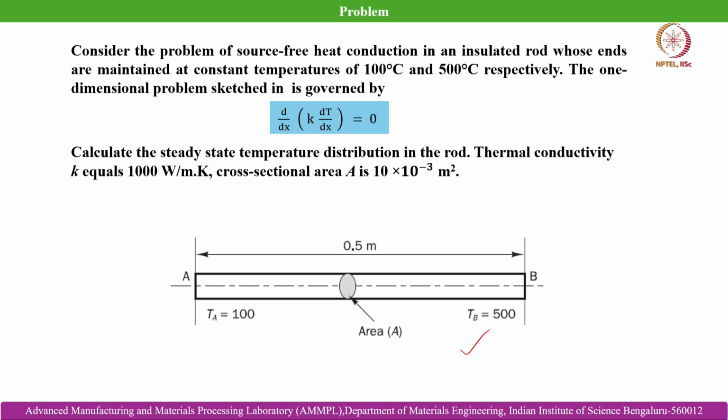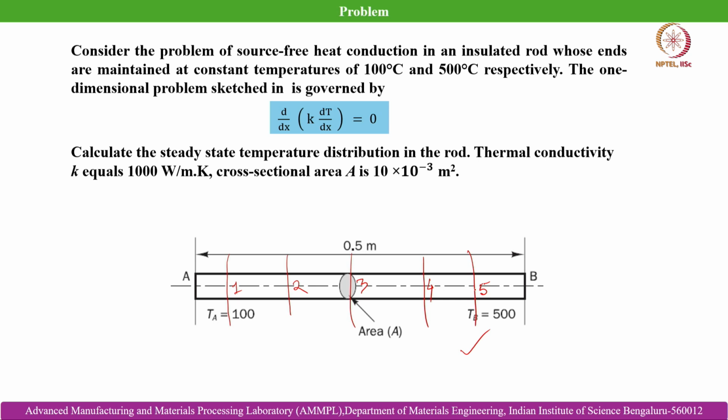So, how do we solve it using the finite volume method? The first step is to discretize it into a set of nodes, a set of control volumes. How can we do that? We discretize it in the form of equidistant control volumes. Say, for example, this is point 1, point 2, point 3, point 4 and point 5.